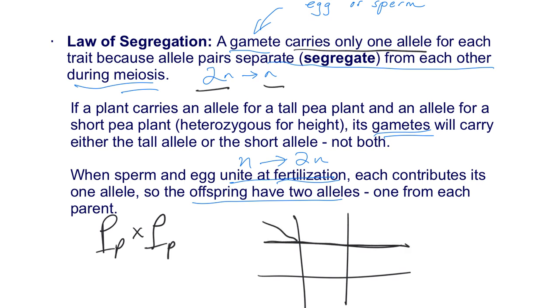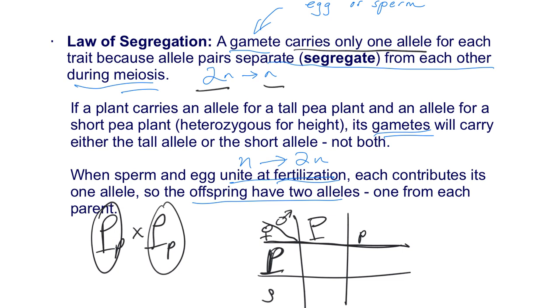Up here, it doesn't matter who you do it. Let's say the dad, and right here's the mom's. The dad's sex cell will either have a big P in it or a little p in it. And the mom's sex cell will either have a big P in it or a little p in it, because meiosis separates alleles.